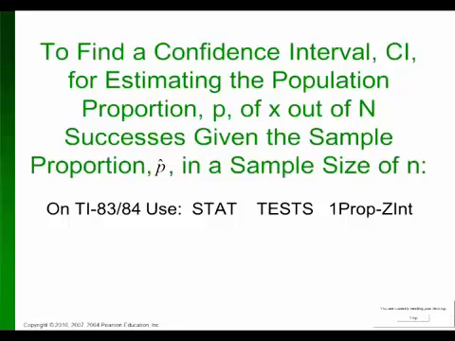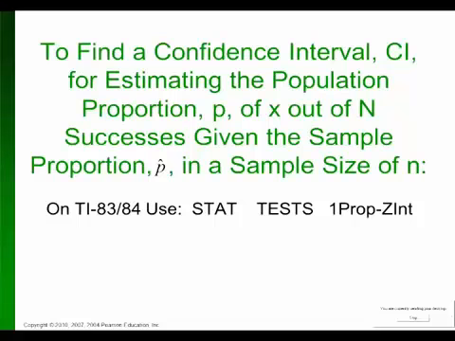Prop is the abbreviation for proportion. This is a 1 proportion z interval. Z referring to number of standard deviations from the norm, and interval because we're looking for a confidence interval. Let's find the problem and figure out how to use that button. We're going to round our confidence intervals for P to 3 significant digits.